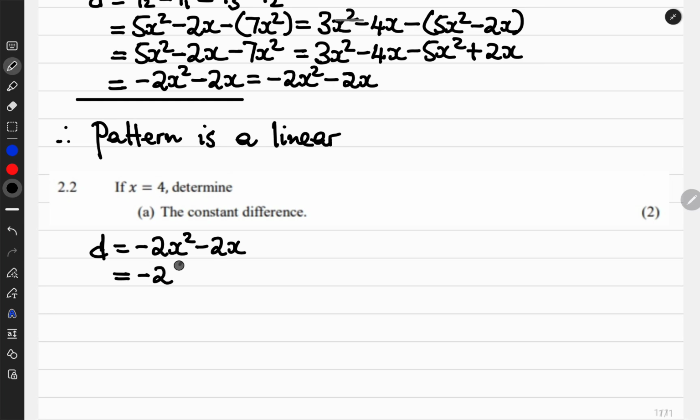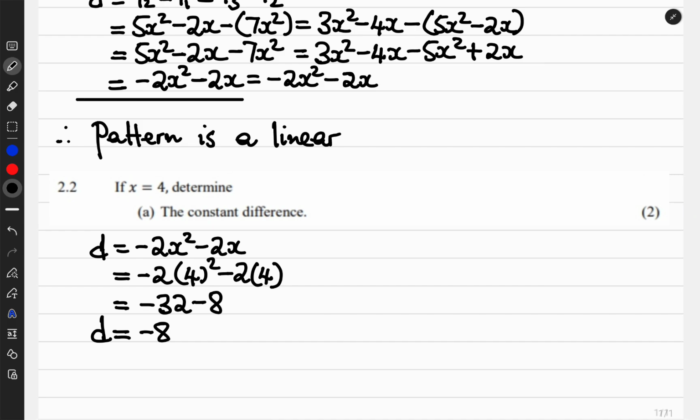Negative 2 times 16 is negative 32, minus 8, and the answer will be negative 40. Wait, negative 32 minus 8 gives negative 40. That's our common difference.